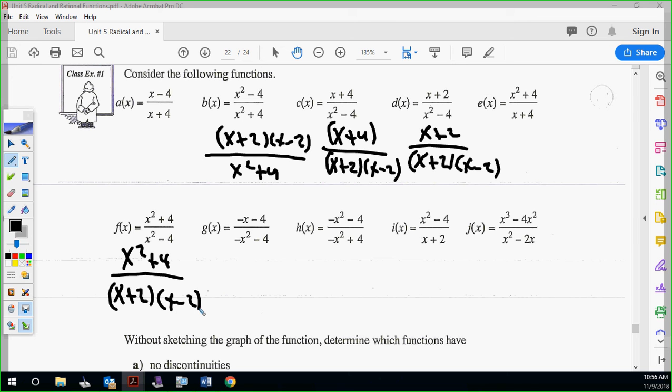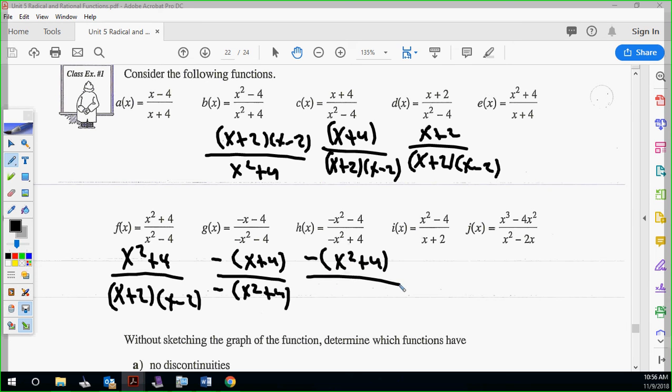With this one, I think all I'd do here is pull a negative out, just to see if anything changes. But nothing factors from there, and the negatives cancel, so that's pretty much all you can do there. I'd pull a negative out in this one too. And then that factors.